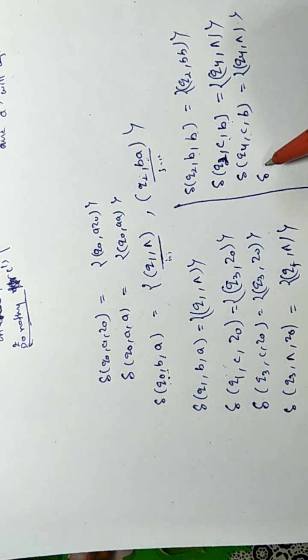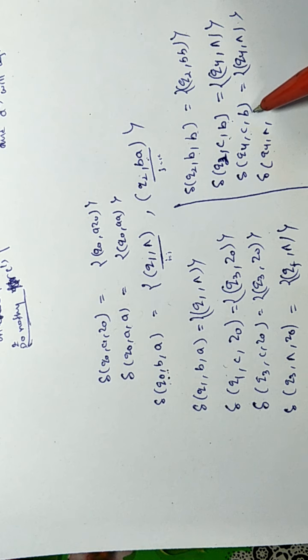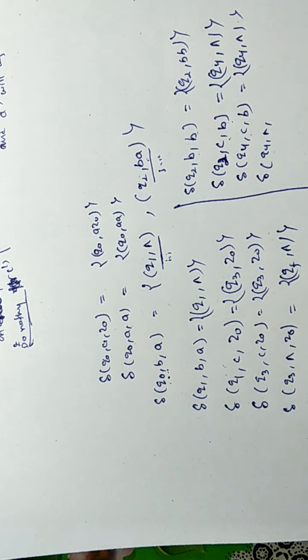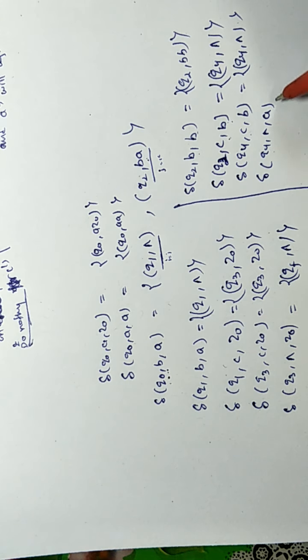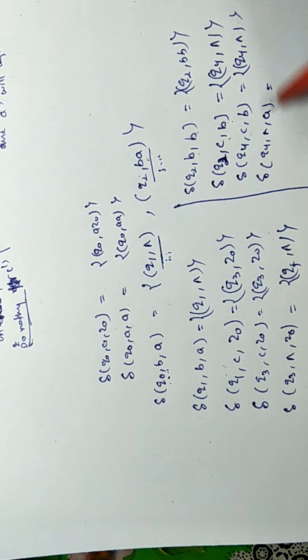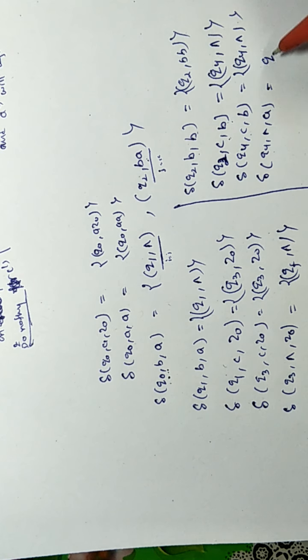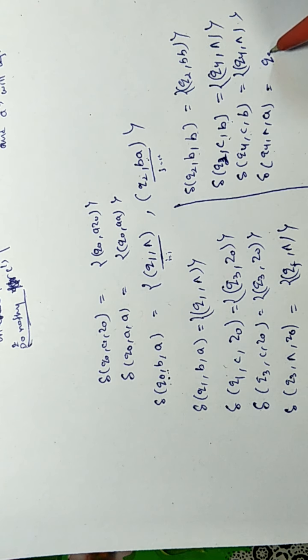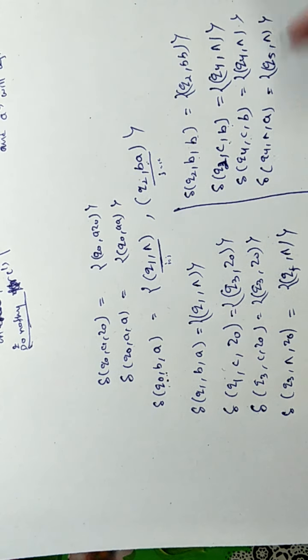So at the end of the input, what will be on the top of the stack? I pushed b and I popped b. So a will be on the top of the stack because a is already pushed here. This is the first a I will find on the stack, so I am changing state to q5 and popping this a from the stack.